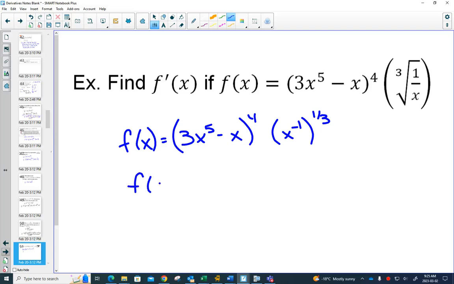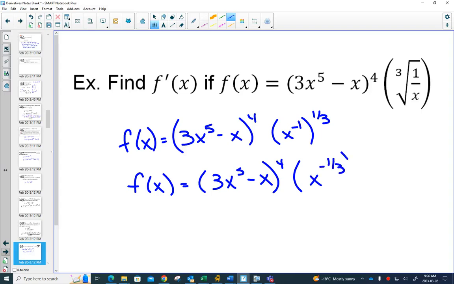So I am going to just make that an x to the negative 1/3. So we only have one chain rule now, which is kind of nice. Because the x to the negative 1/3 isn't going to be a chain. It's just an x.